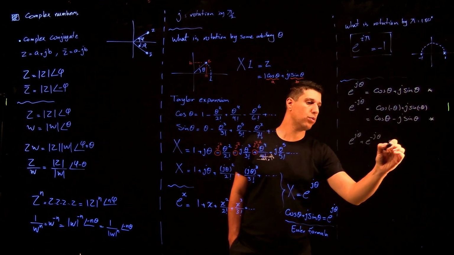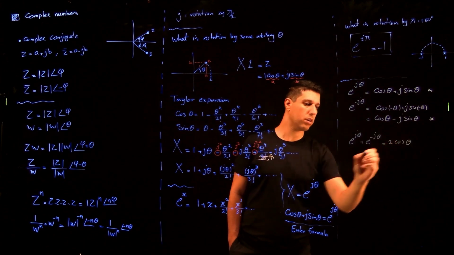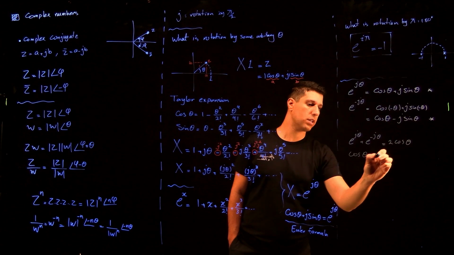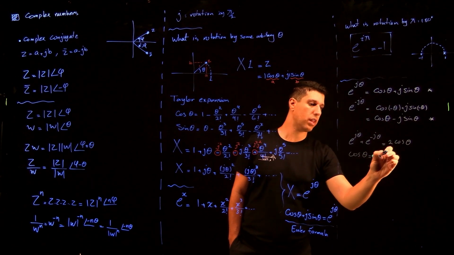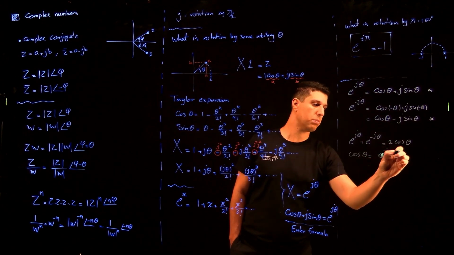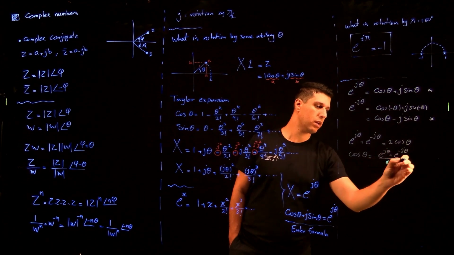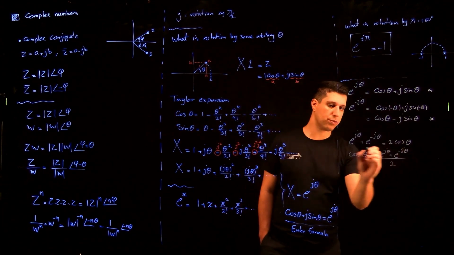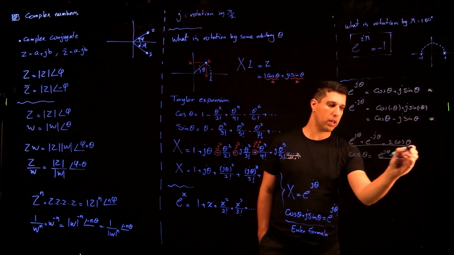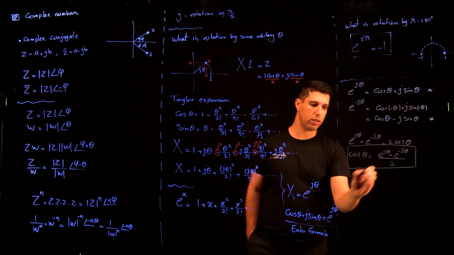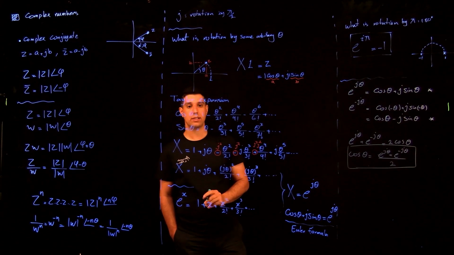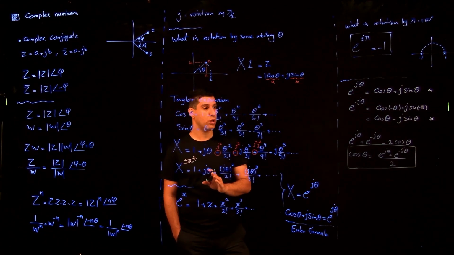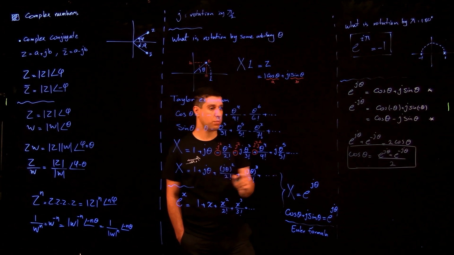I will have 2 cosine of theta, or cosine of theta is e to the j theta plus e to the minus j theta divided by 2. This comes in very useful when we are dealing with cosine and sine in the context of complex numbers.